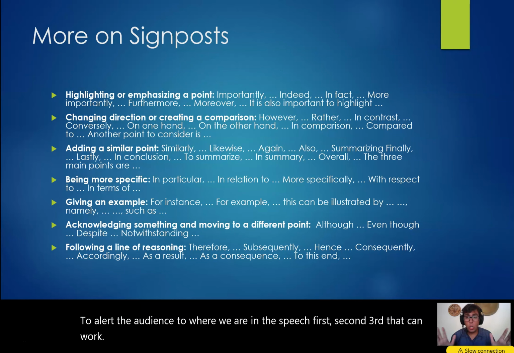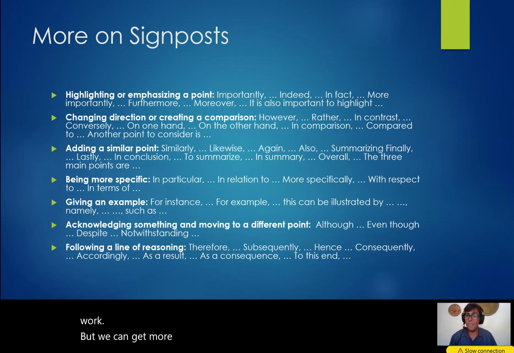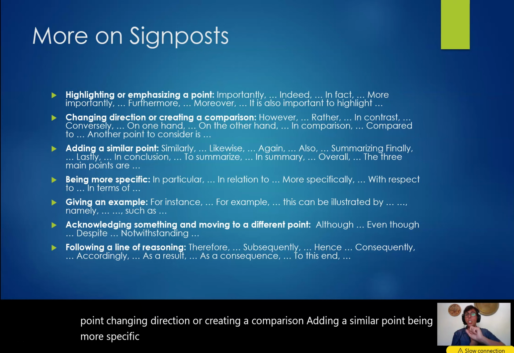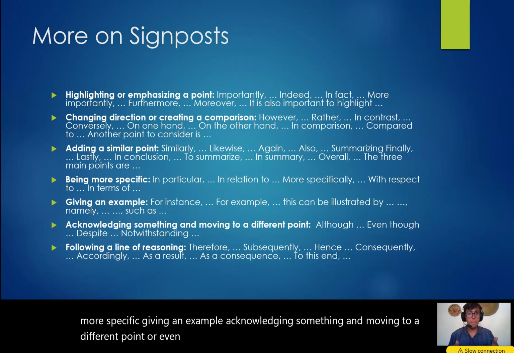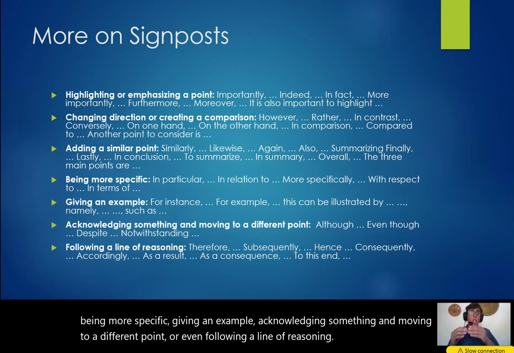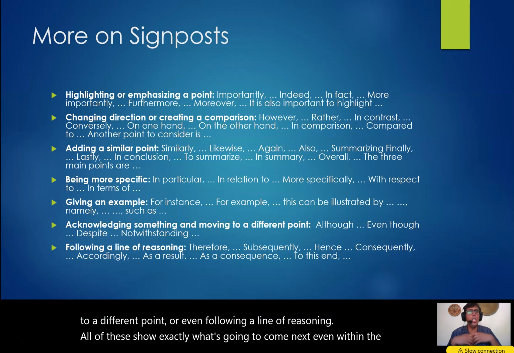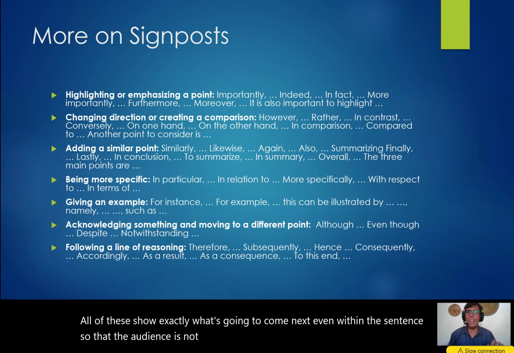But we can get more specific by highlighting and emphasizing a point, changing direction, creating a comparison, adding a similar point, being more specific, giving an example, acknowledging something and moving to a different point, or even following a line of reasoning. All of these show exactly what's going to come next, even within the sentence, so that the audience is not lost at all and they know exactly what's coming up.